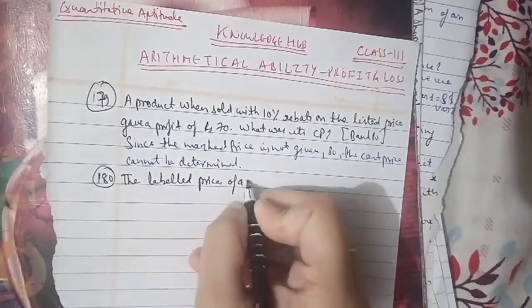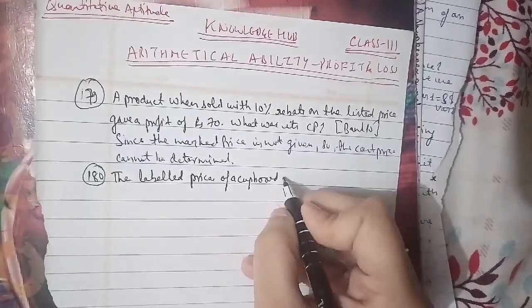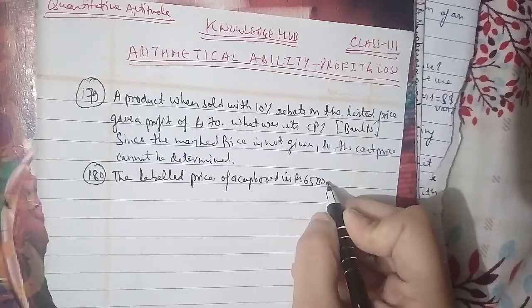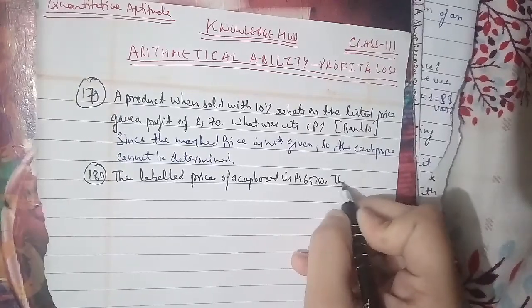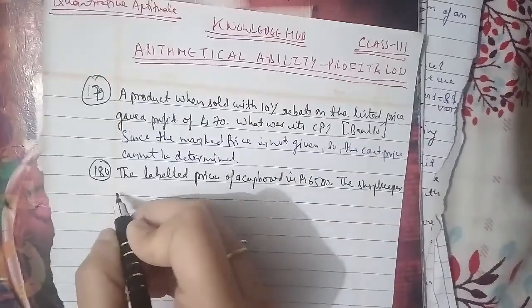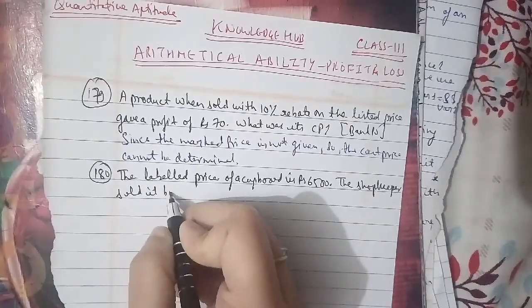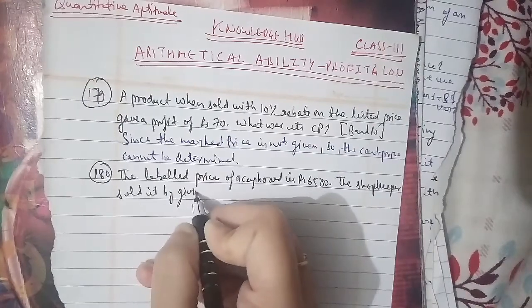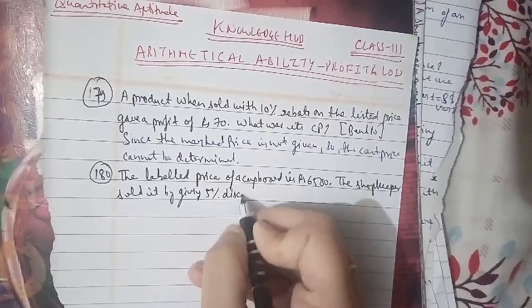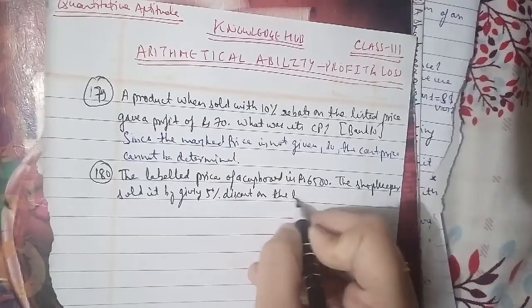The shopkeeper sold it by giving a 5% discount on the labeled price and earned a profit of 15%.